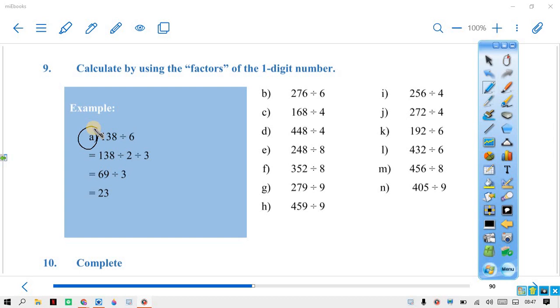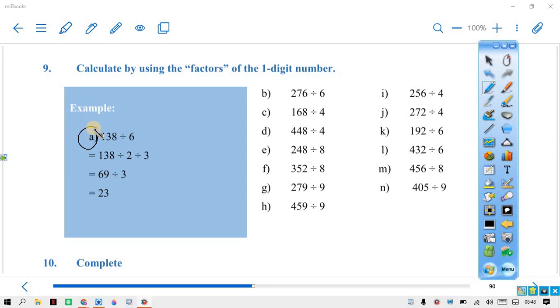You get that? Because 1 times 6 is 6, and 2 times 3 is 6. So there's actually 4 factors of 6: 2 and 3, and 1 and 6. You must try not to break it up into 1 and something, because then it's the same number. So it must be any other factors.